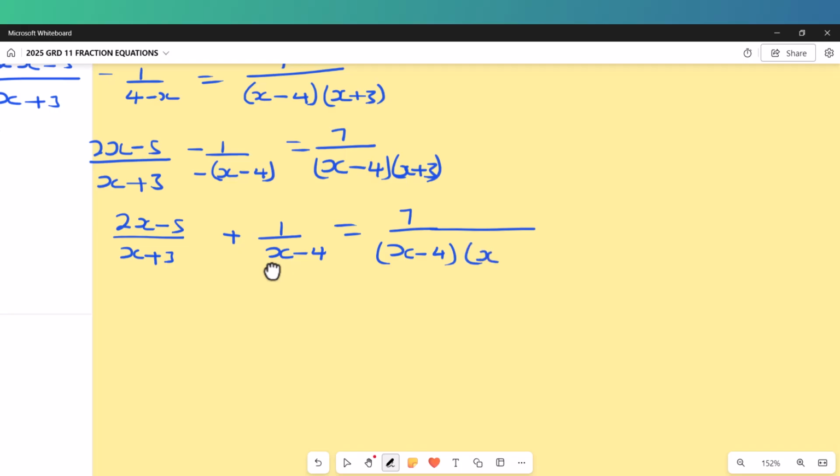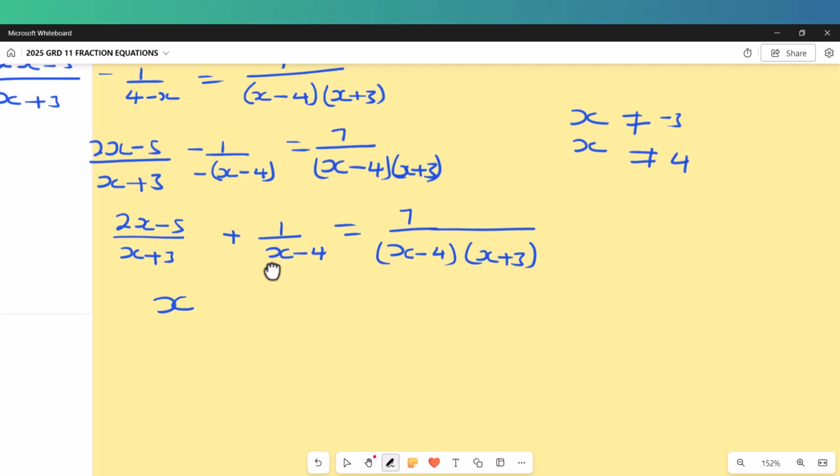Now if I look at my denominators, whatever makes a denominator 0 is not acceptable. So x cannot be negative 3, because it will give us a 0 here. X cannot be 4 as well, because it will give us a 0 here and also in here.